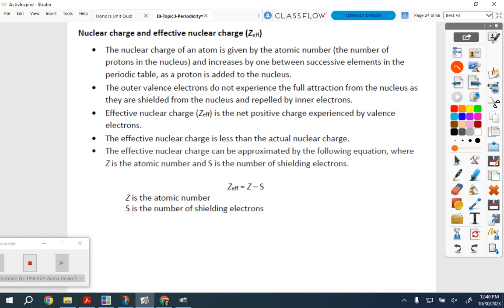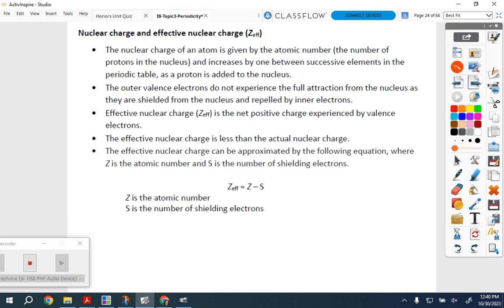In your study guide and in the slides that Mike Jones has for this section, he talks about a way of calculating the effective nuclear charge. That is not something that you need to be able to do on the exam. What you need to understand is that the effective nuclear charge goes down as there are more shielding electrons added.